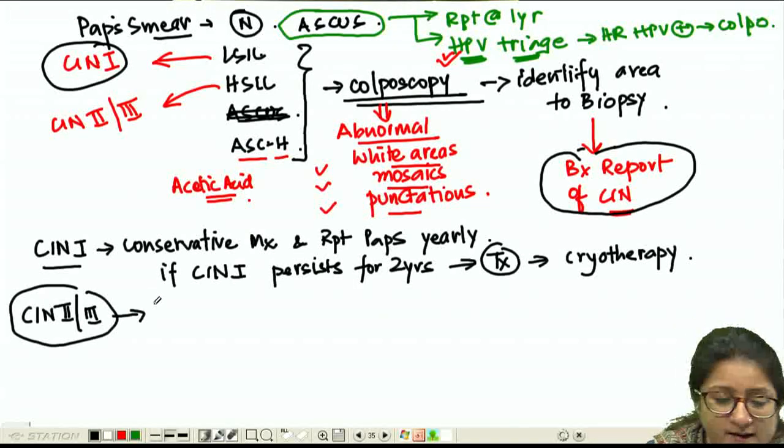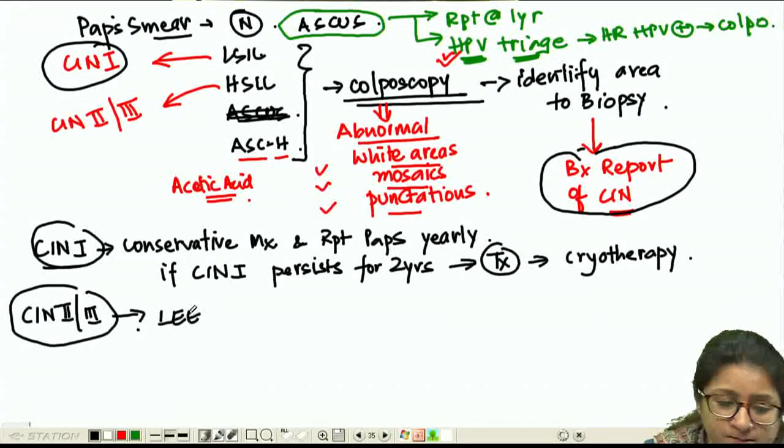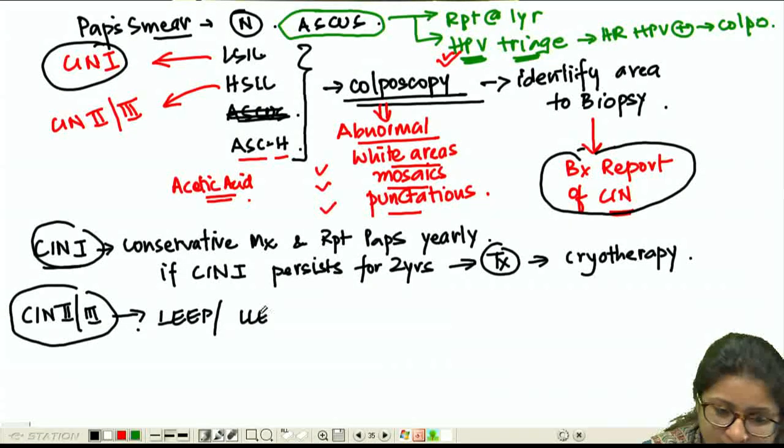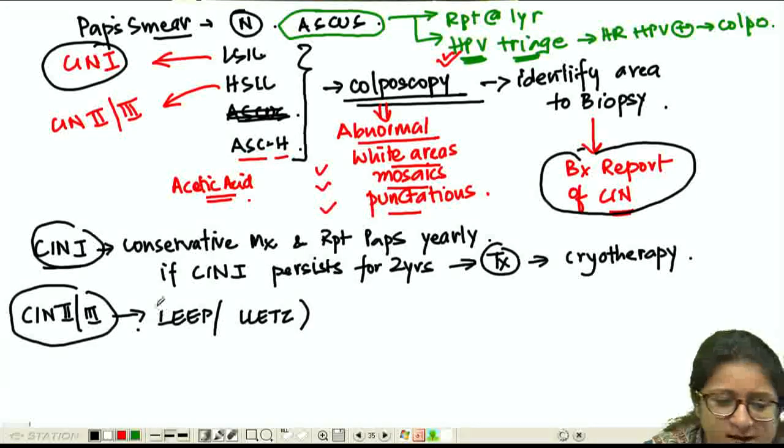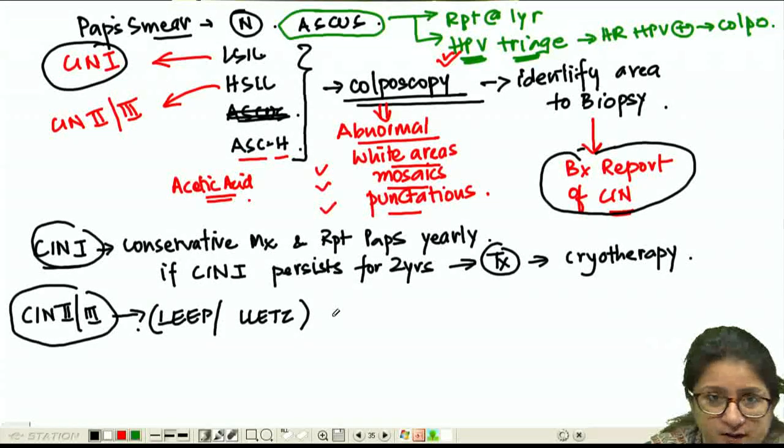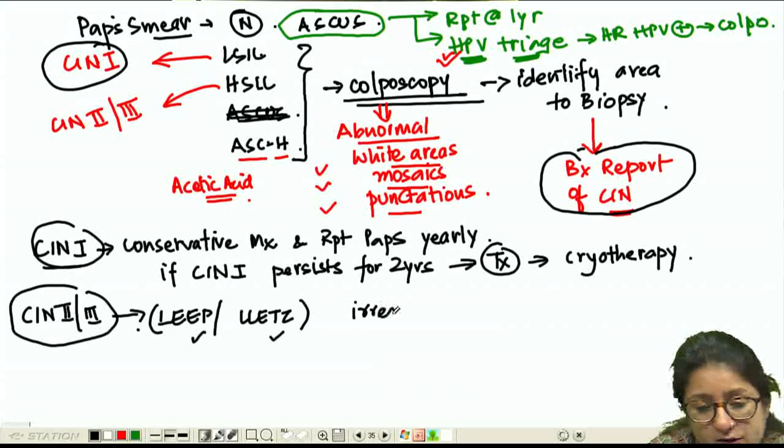There is no conservative management here, and CIN2 and 3 needs to be treated immediately by LEEP, also called LLETZ. Right, now woman's age, there is no hysterectomy for CIN2-3. Even if the woman is 40 years, 50 years, the answer is LEEP, irrespective of age.